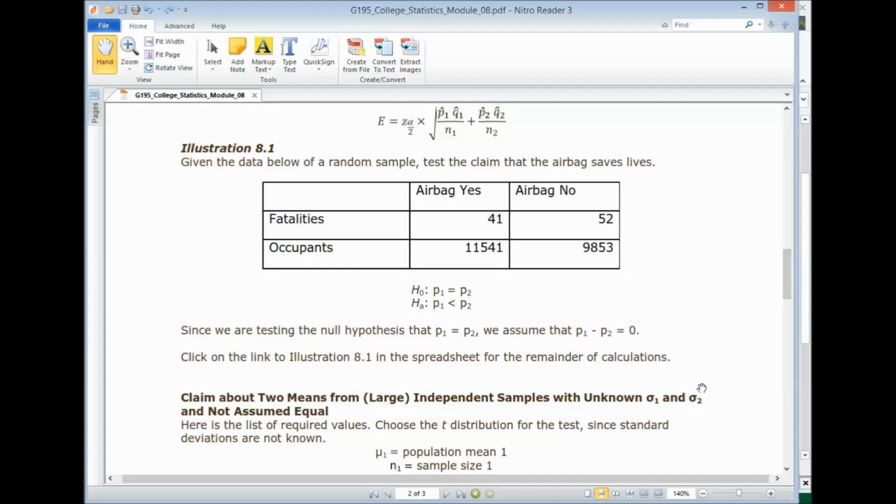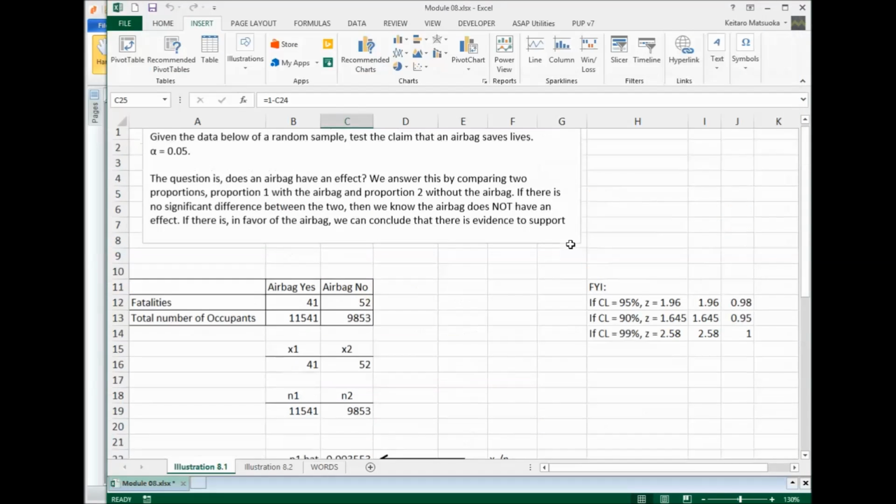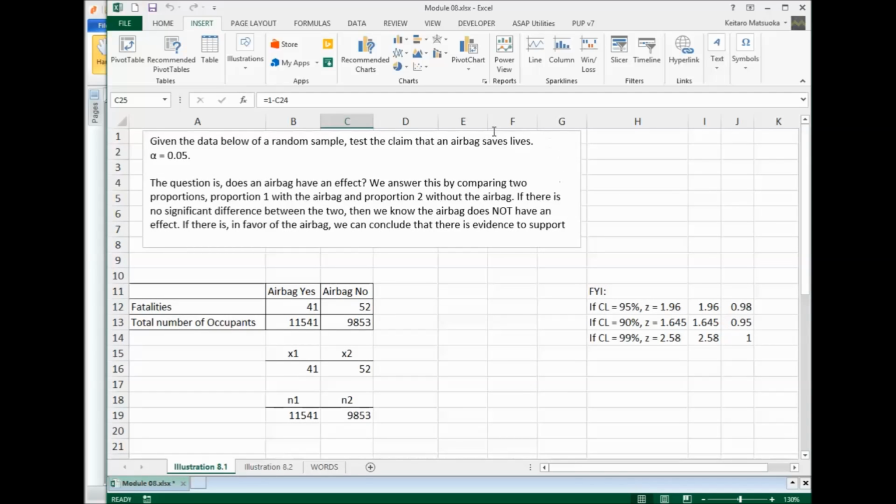So let's go to the spreadsheet to figure out the answer to this question. So here's a rehash of the problem. And I retyped the data here. So x1 in this case is 41, 52 is x2, n1 is 11,541, and then n2 is 9,853.